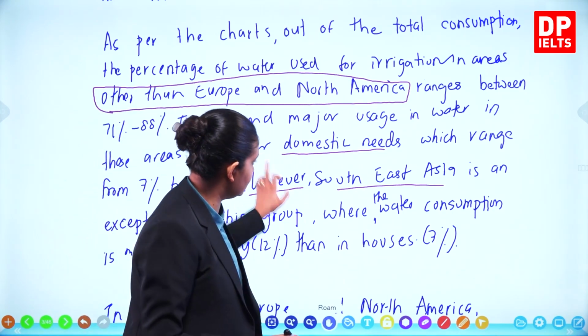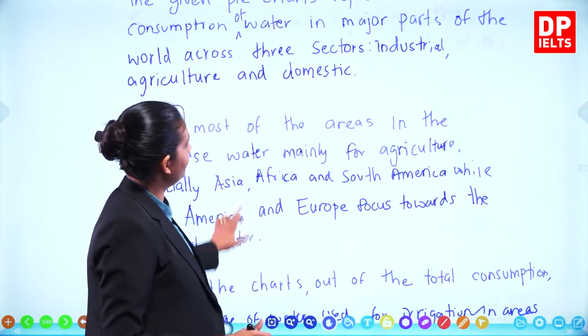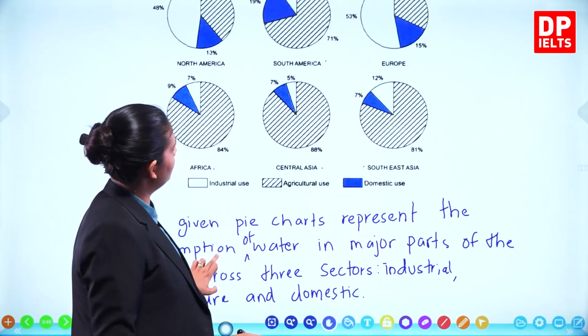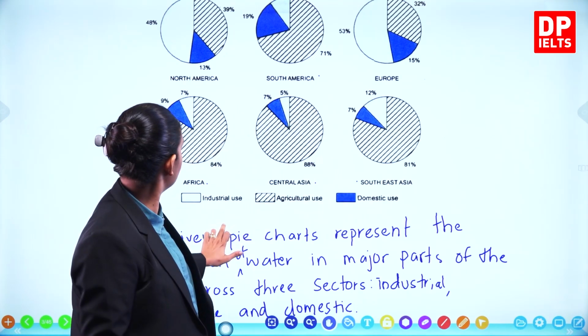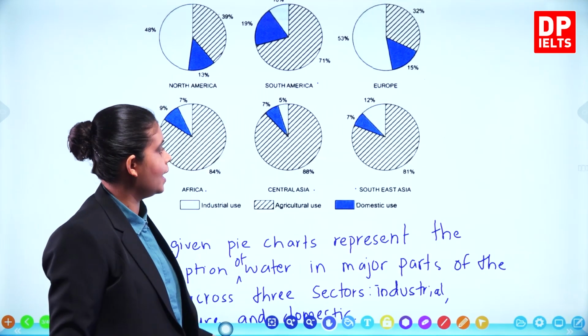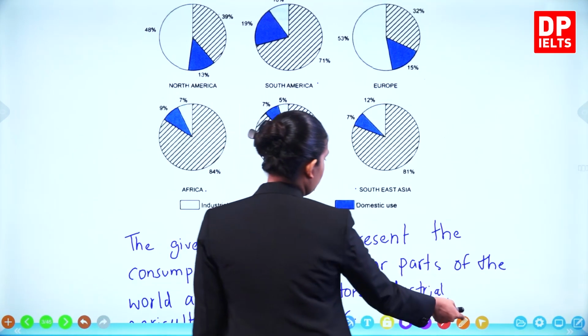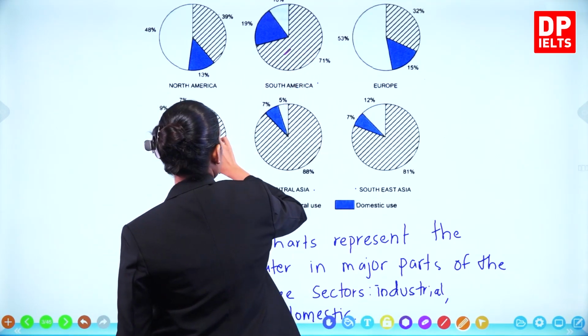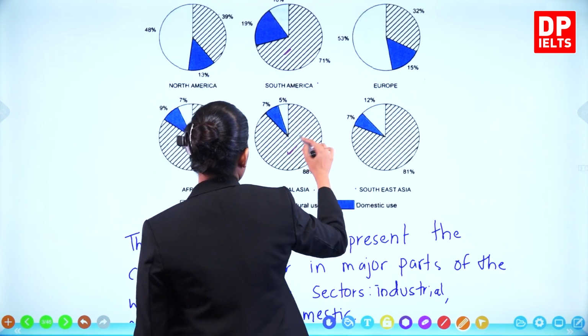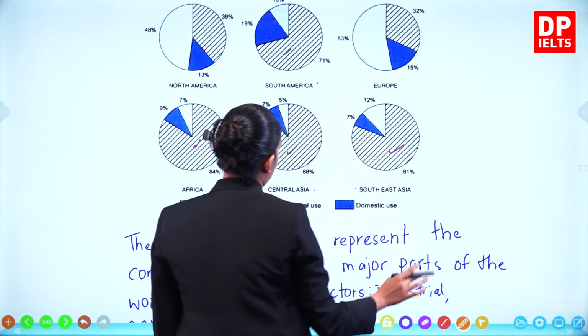So out of the four, remember, these were South America, Southeast Asia, Central Asia and Africa. Most of these were mostly for agriculture, fine.